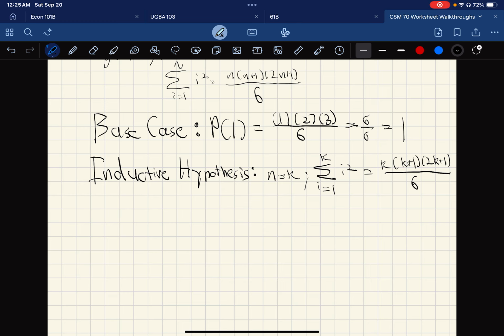With that out of the way, let's move into our inductive step.